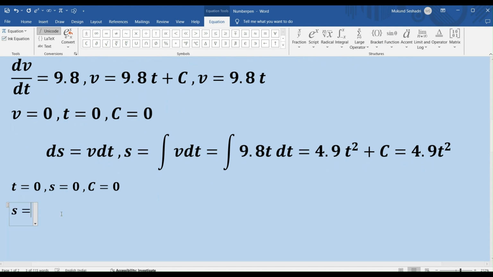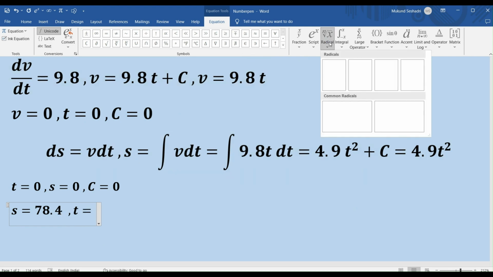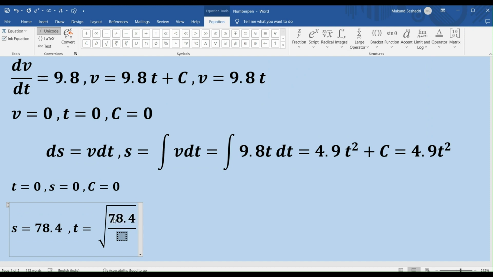So my s equals 78.4, and I know that my t is nothing but square root of 78.4 divided by 4.9, which is nothing but a square root of 16, which is nothing but 4, right?